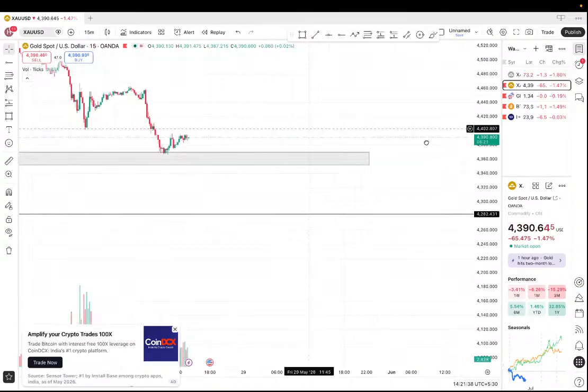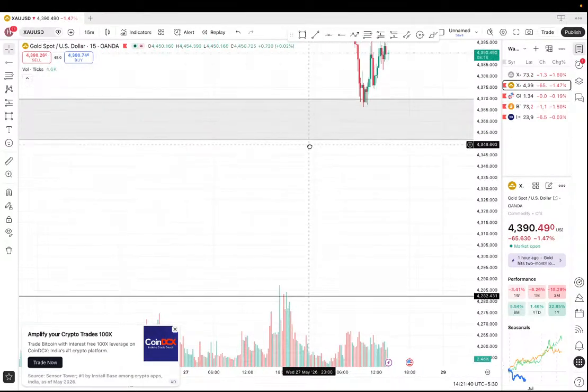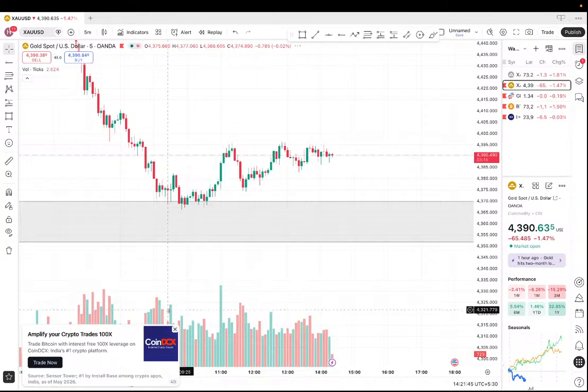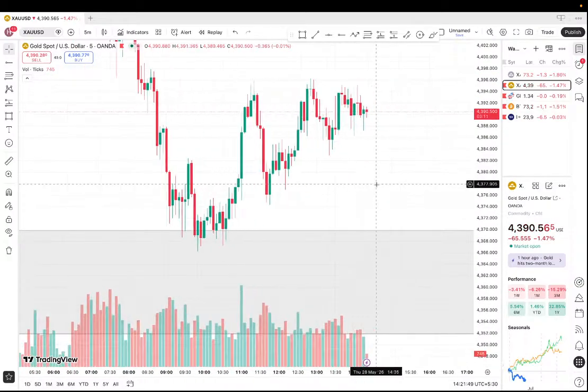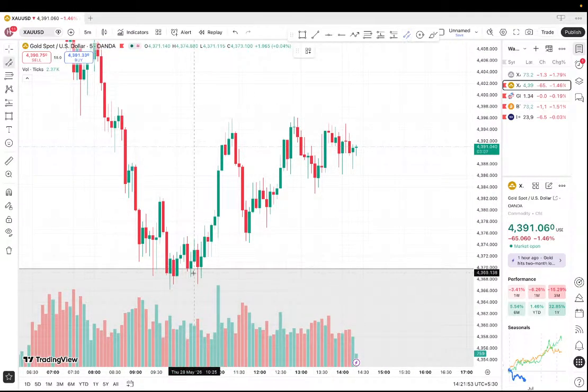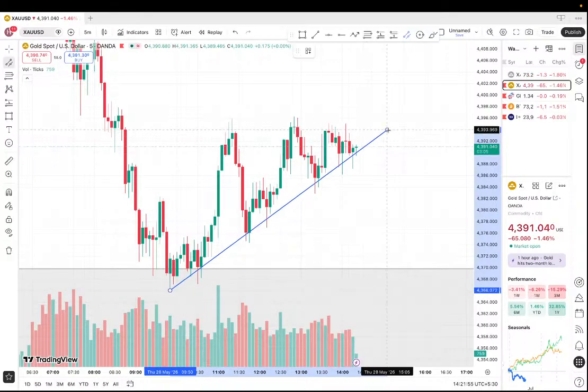So here we can see that it's forming a trend line structure and buying is looking very weak. So we'll wait for the price to settle down. And then if it makes a big red candle with volume, then we might take entry.